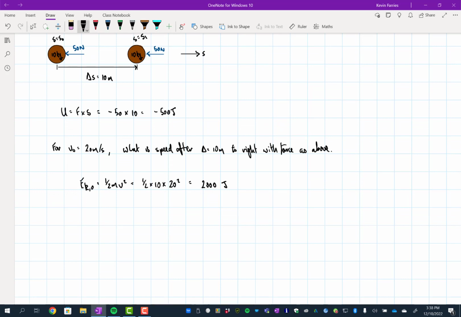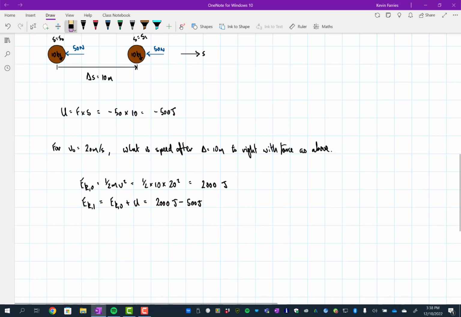So that's the initial energy. And then at the end, the kinetic energy at the end, Ek1, is just going to be Ek naught plus the work done by the force. So in this case, it's going to be 2000 joules, take away 500 joules.